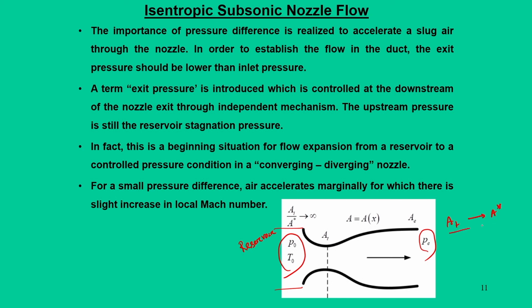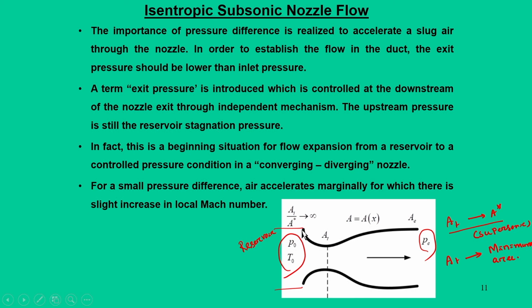The throat approaches A star when it is supersonic, and AT becomes just the minimum area when the flow is only subsonic. So, these things we have to make very clear from the beginning.